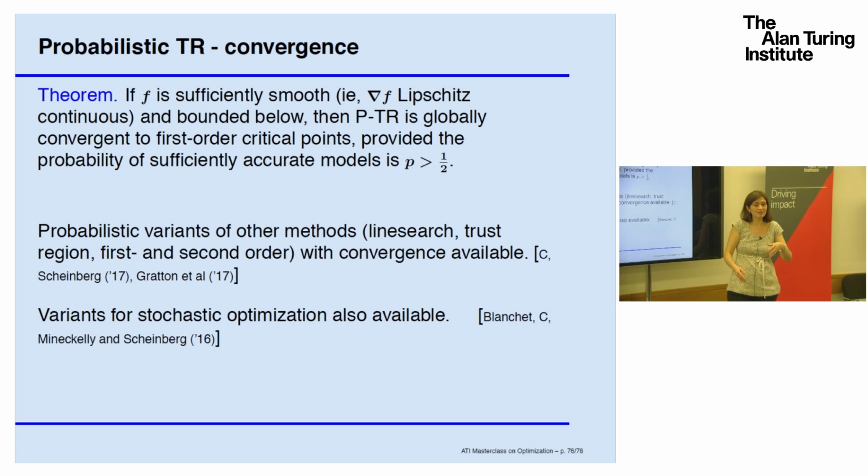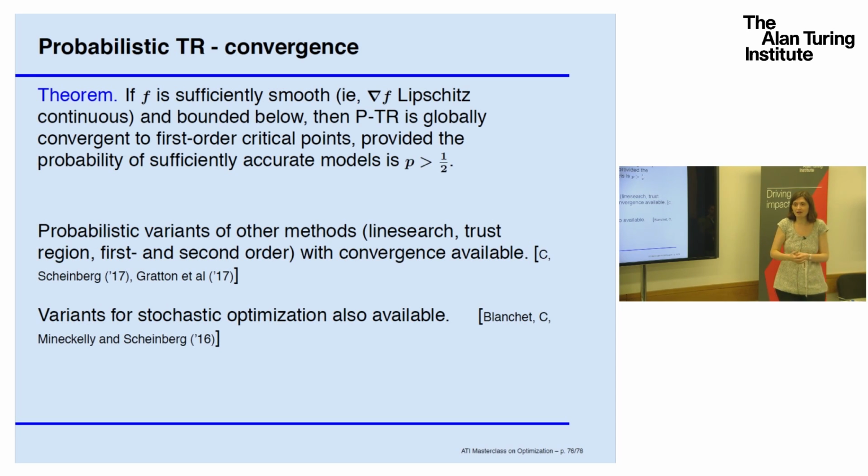And what we can show is that if these probabilities are both large enough, so it's no longer just greater than a half for stochastic, if these probabilities are large enough, then again your method will behave essentially like a deterministic method, worsened by a constant multiple, really.